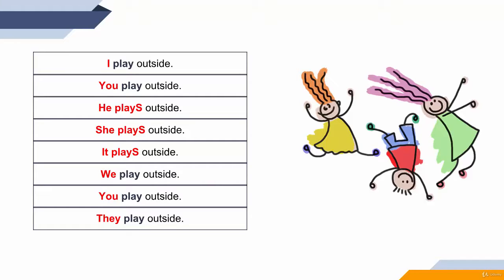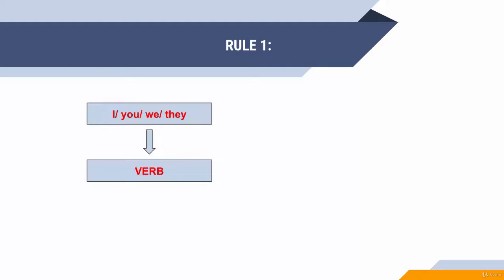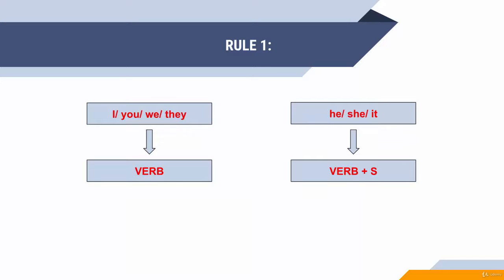When it comes to he, she, and it, at the end of the verb, we add s. Well, this is the rule. In present simple, when we speak about he, she, or it, at the end of the verb, we add s.